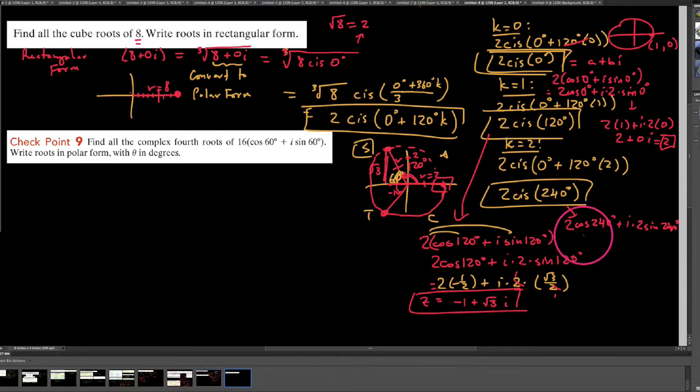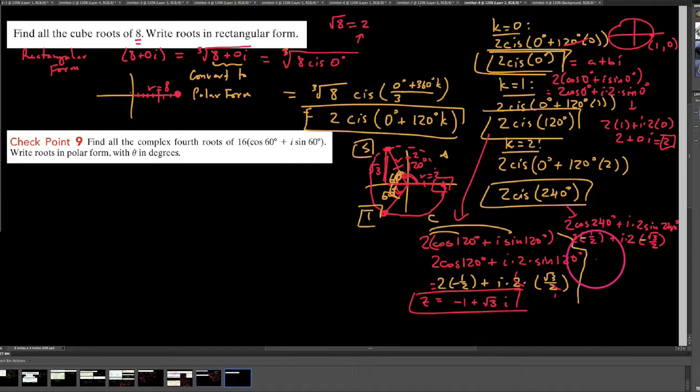We're a little bit faster on this one. 240 degrees, we could see it also has a 60 degree reference angle right here. So the nice thing about that is we're going to get cosine of 240 and the sine of 240 to come out to be the same values that we had previously, that is to say our 1/2 and root 3 over 2. Because we have the same reference angle, it's just that because it's in the third quadrant, and we're finding cosine and sine, those would both have negative values.